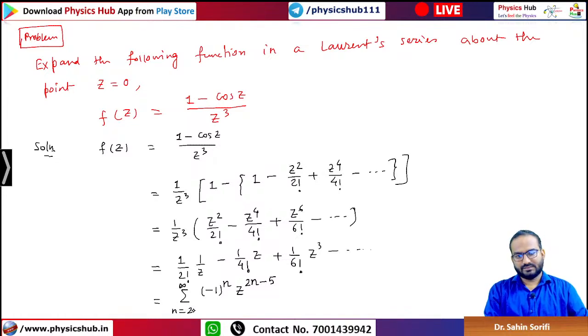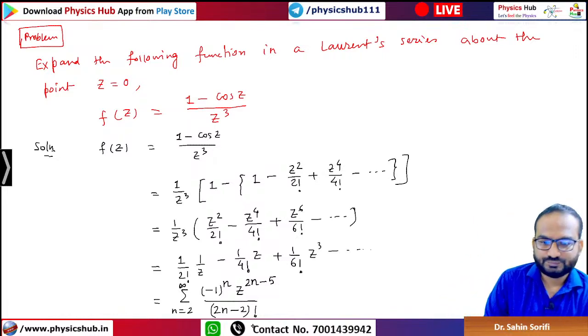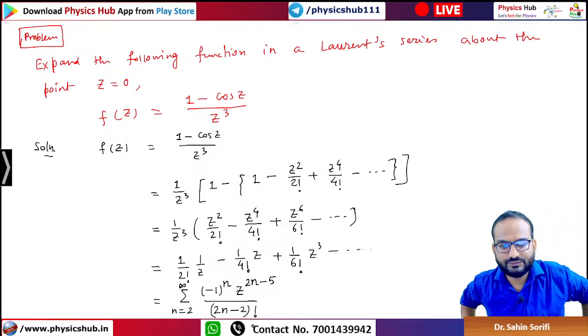The first term is plus z to the power 2 into 2 minus 5, so z to the power -1 divided by 2 factorial. Here you have to write (2n minus 2) factorial. Now check whether it is satisfying or not. If you put n equals 2, so 4 minus 2 factorial.